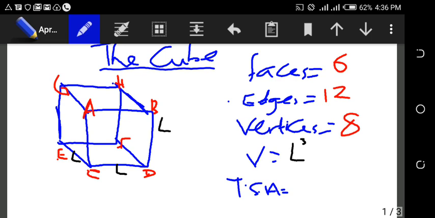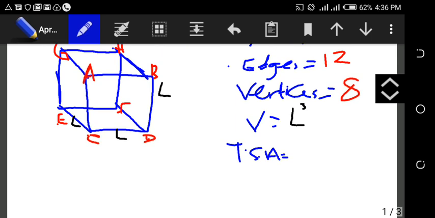But again, our cube is made up of 6 identical faces, so we just need to calculate the area of one face, then multiply by 6. So quickly, let's do that.